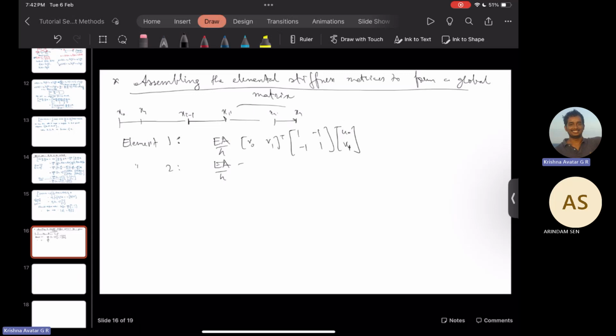The boundary condition is fine. This will be V1, V2 transpose, 1 minus 1 minus 1 1, and this will be U1, U2. And likewise, element nth is EA by H, Vn minus 1, Vn transpose, 1 minus 1 minus 1 1.